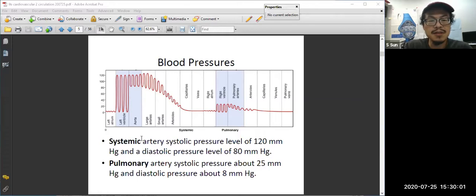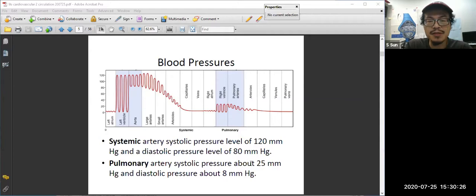So here the systemic arterial pressure is in the range of 120 to 80. That's the systolic and the diastolic. That's in the artery, not in the capillary, not in the vein. Because when it reaches the vein, the pressure is already very, very low.